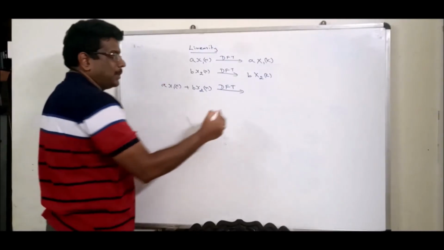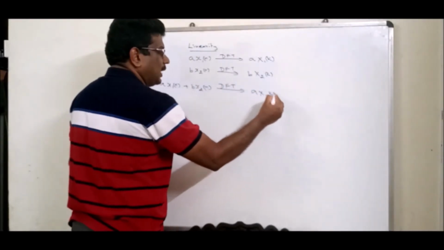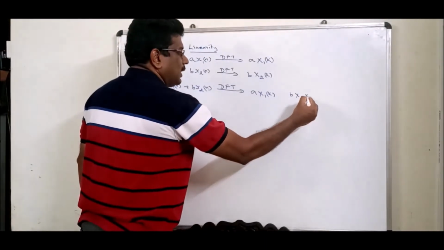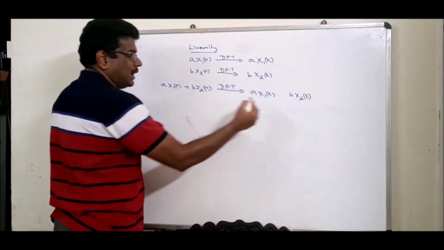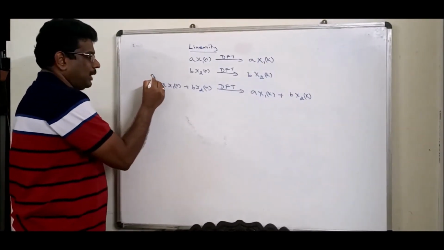The linearity property says its DFT is a X1 of k plus b X2 of k, and if it is addition here, here also addition. So this is the property.